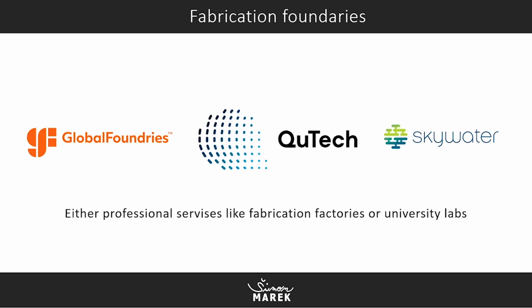There are different fabrication foundries which support superconducting design. You can either go with some very well-known foundry, which is a major player in the industry like GlobalFoundries and SkyWater, or you can go with your university fabs or the smaller fabrication houses near universities and institutes to fabricate your quantum chips.